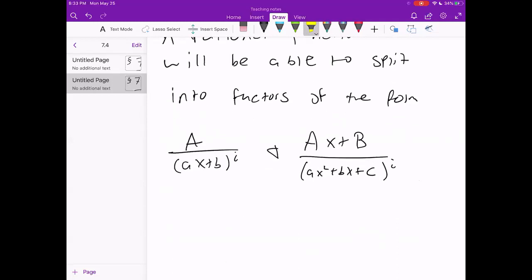They're going to be linear factors to some power, and quadratics to some power. With the quadratics, you also get this numerator, and we'll explain why in a second. Because this is all really abstract, I'm going to do an example, and we'll see how this is used.